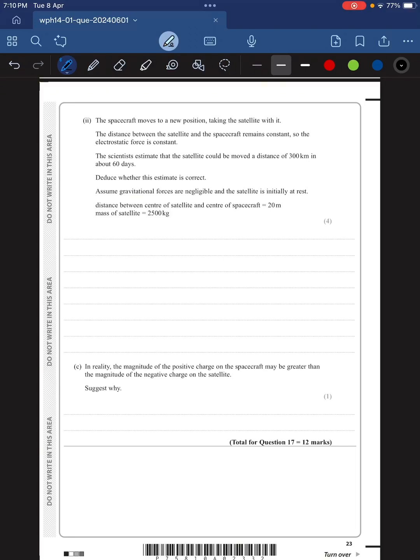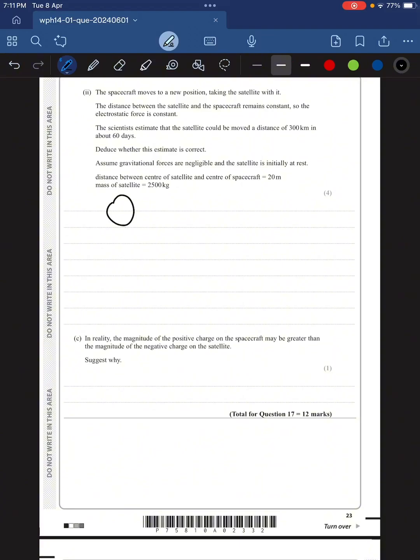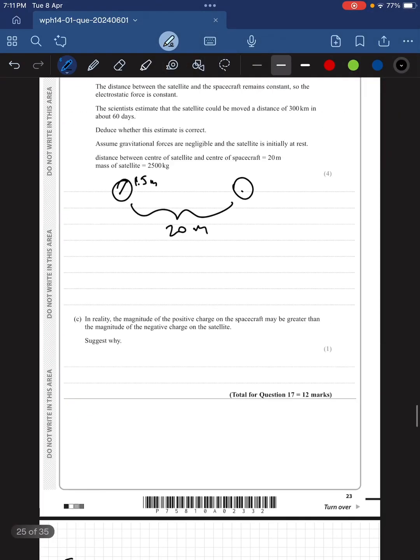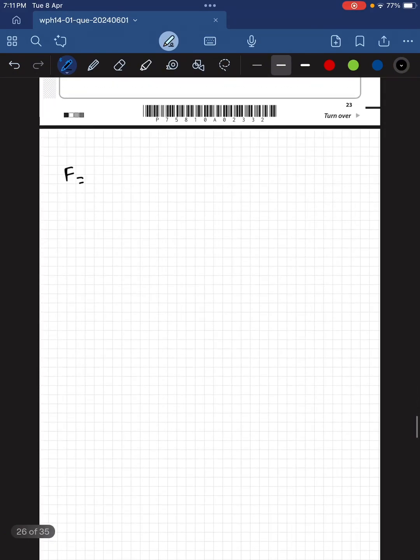So let's calculate the electrostatic force, first of all. So we have a satellite of a radius of 1.5 meters and a spacecraft, and this distance is 20 meters pretty much, and I'm going to need a new page to work this out. So the force between them, since they have a charge Q and another charge Q, is going to be Q squared over 4πε0 r squared.